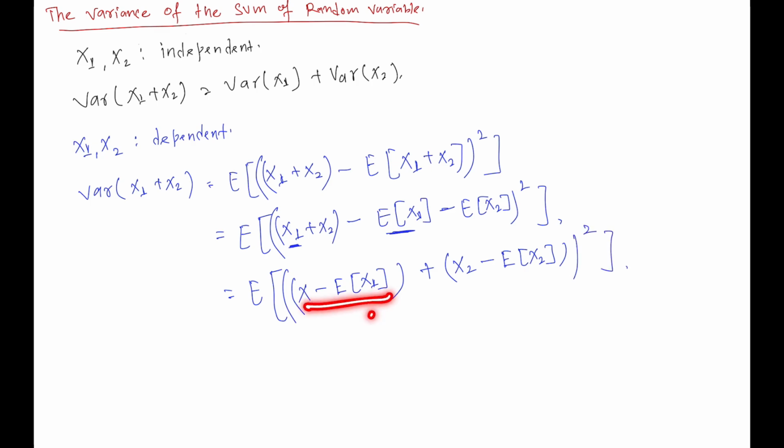We now have two terms. We can consider this as a, and this as b, and here we will have (a plus b) whole square.